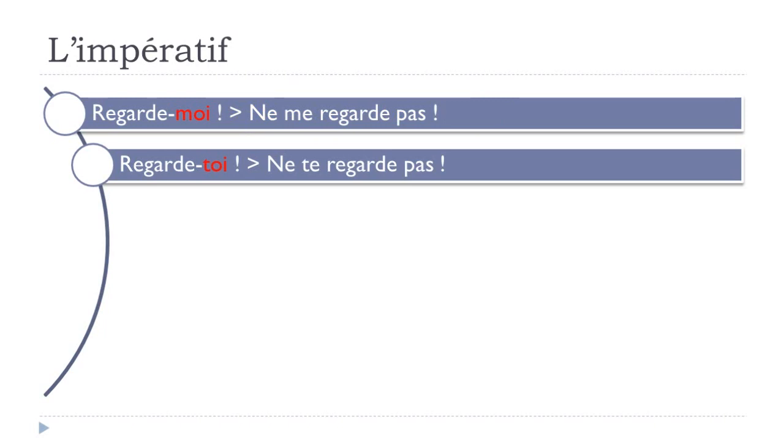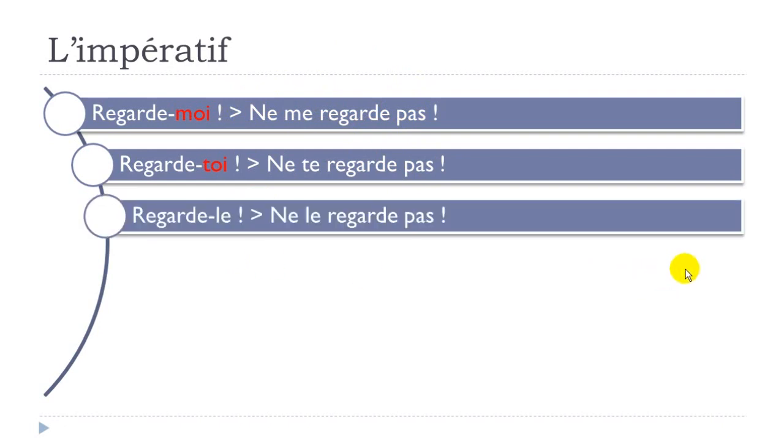So the rules stay the same, you put it after. Regarde-toi, all right? But then when you put the negative form, it becomes normal, so ne, and then te regarde pas. Okay, keep in mind that as usual for the pronouns, they will come before the verb, okay? So your negative form is coming before and after the whole thing.